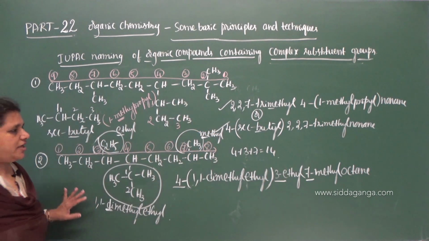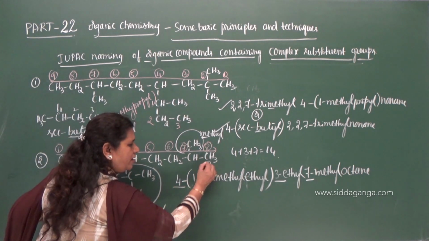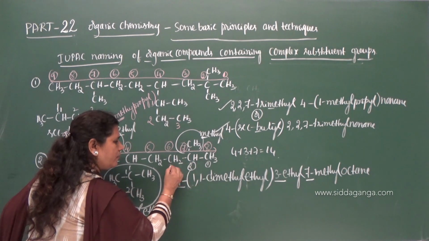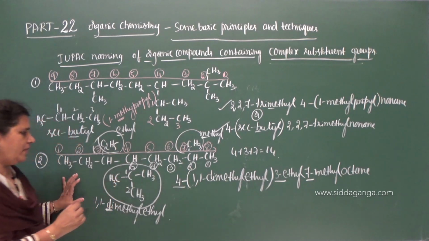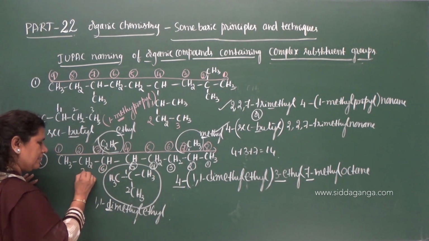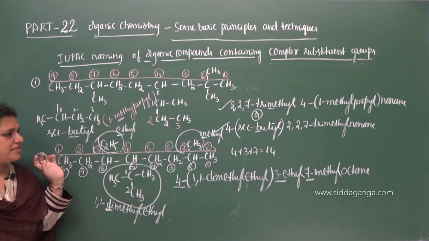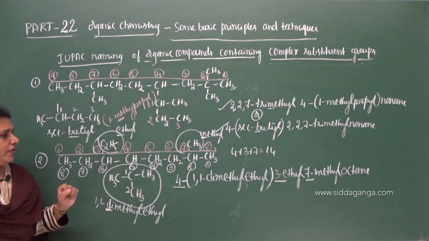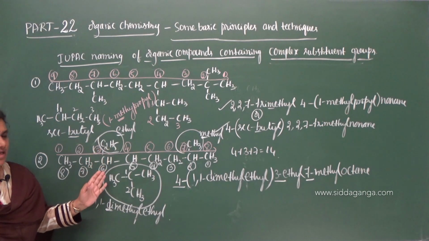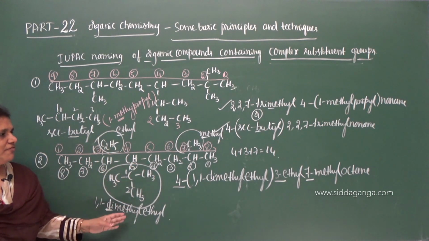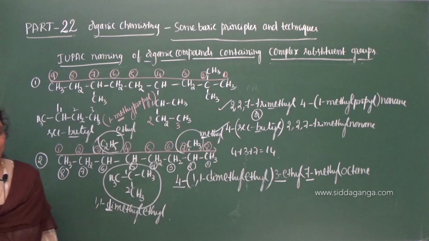If I number the chain from this end to this end, what number will you get? 1, 2, 3, 4, this is 5, and this is 6, this is 7, this is 8. If we take a straight chain and give the number from left to right, as the ethyl group is here, the total sum will be 4 plus 3 plus 7, which is 14.